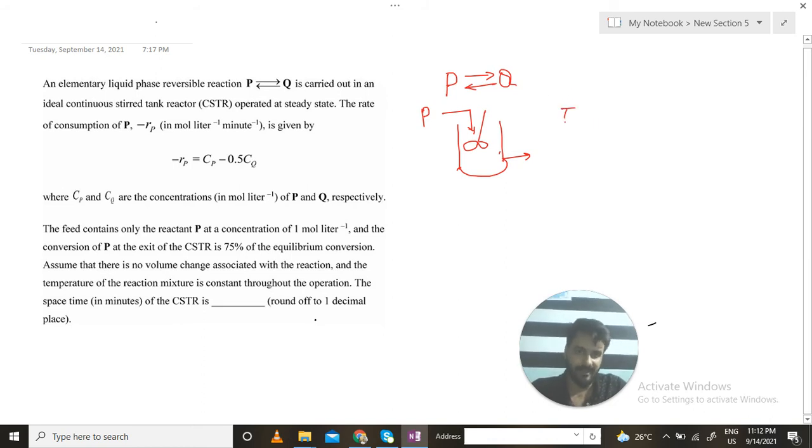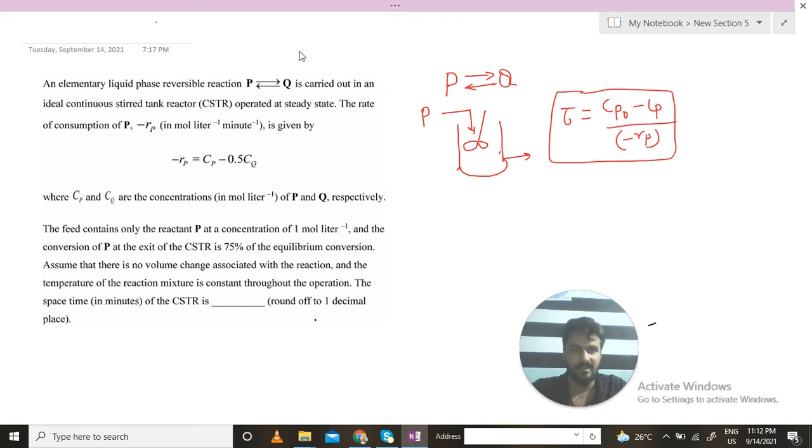If you define the space time of a continuous stirred tank reactor, tau will be equal to Cp naught minus Cp upon minus Rp. This comes from the material balance. You just have to understand how it is happening. This is the space time of the continuous stirred tank reactor.